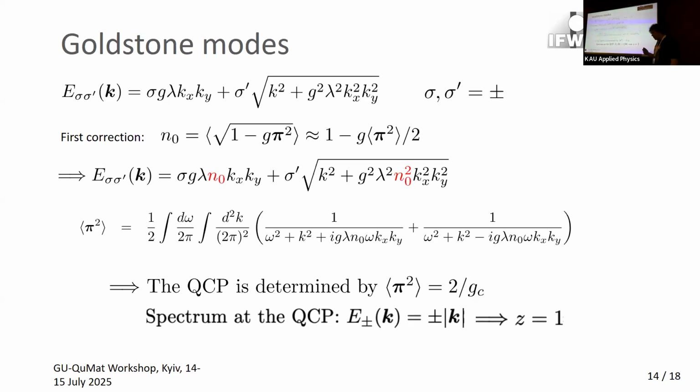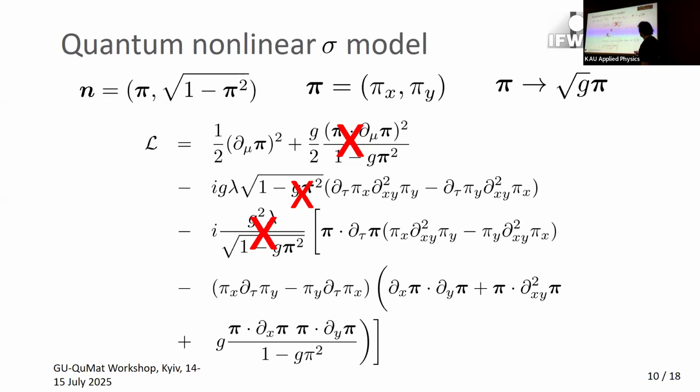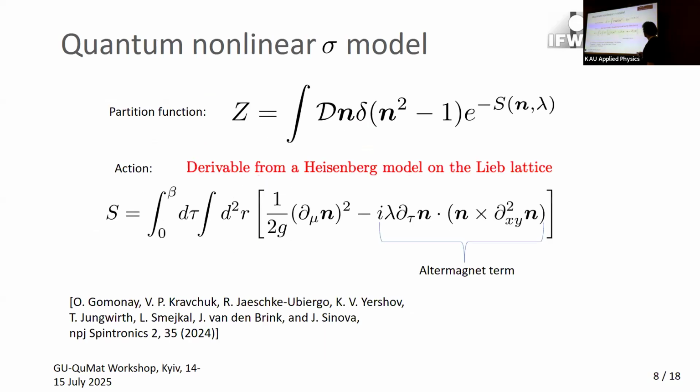Now, in order to analyze the quantum critical point, the first thing you can do is find the first corrections to this Gaussian theory. The first correction is more or less what we call in many-body theory the Hartree approximation. This means that I take this term here that I crossed out. The first correction is the average of the square root of 1 minus pi squared that I canceled in the beginning, right?